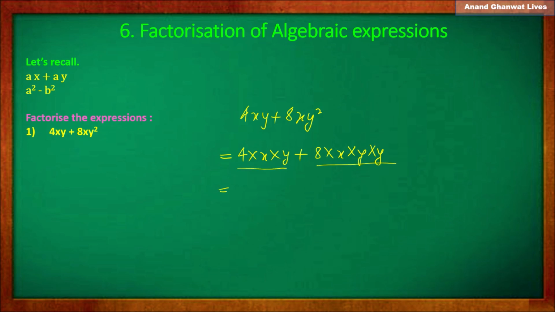In the coefficient 4 and 8, 4 is common, and in the variables x is common here and y is common here. So 4 into x into y, that is 4xy, is common. In the first term, when 4xy is common, there is 1, plus in the second term, when 4xy is common, 2y.